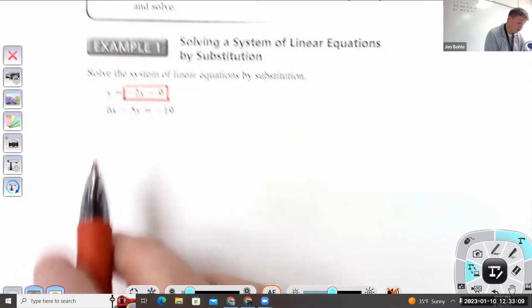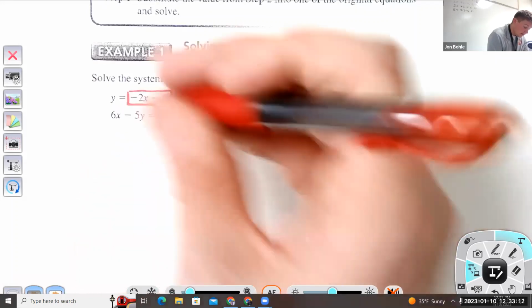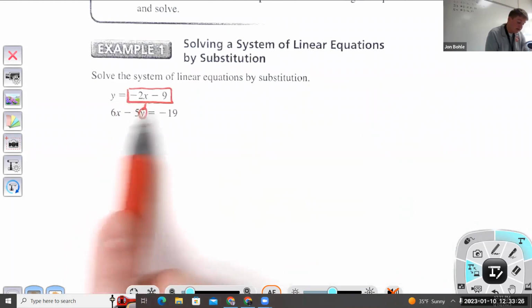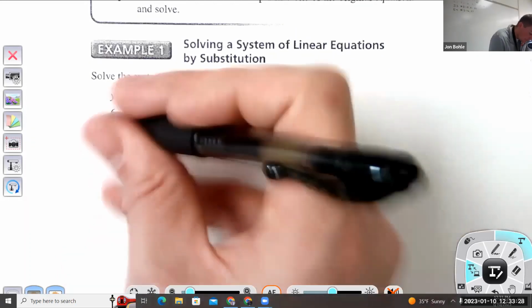You're going to take what y is equal to and replace y with what it's equal to. You have yet to have a problem where it says x equals 4 and you replace all the y's with 4. If x equals 4, you replace all the x's with 4. Here we know what y is equal to, so I'm going to replace that.